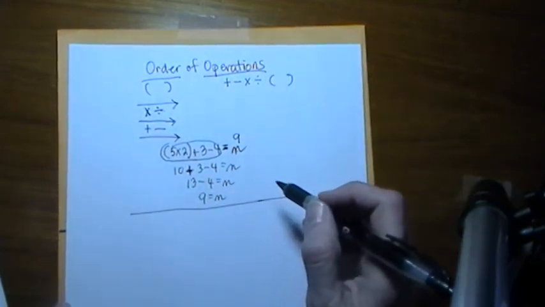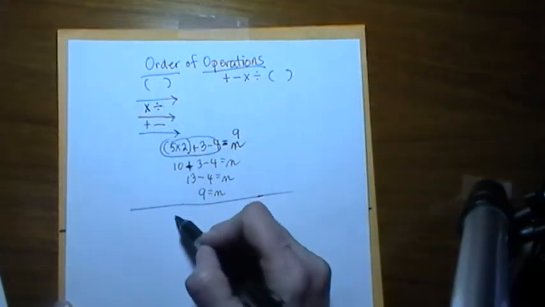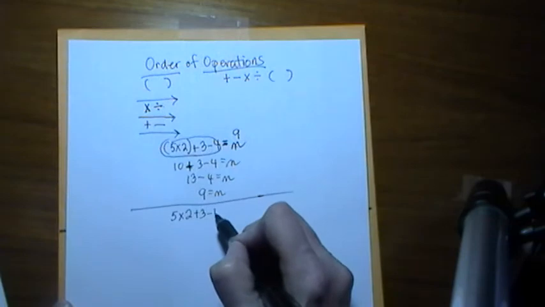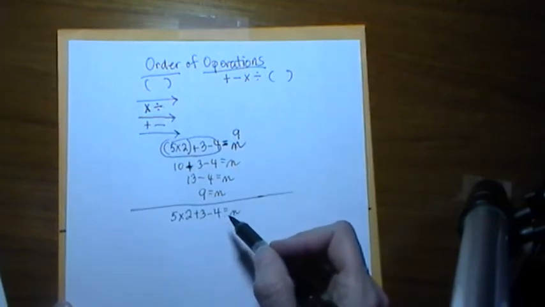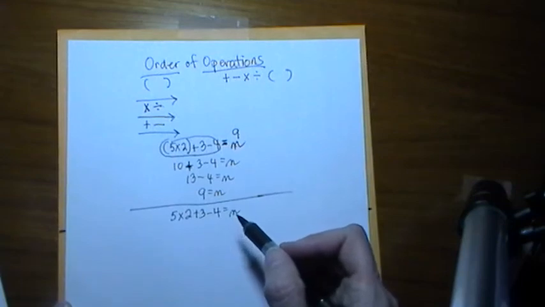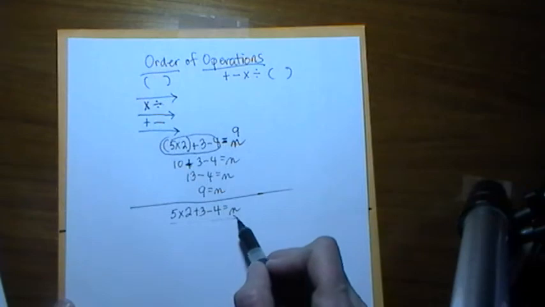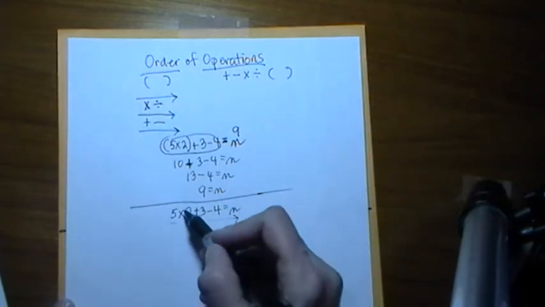So let's take a look at a very similar equation. What if the parentheses were not around the 5 times 2, and the equation looked like this? Well, the order of operations tells us if there are no parentheses, you're going to read from left to right, looking for multiplication or division, whichever comes first.